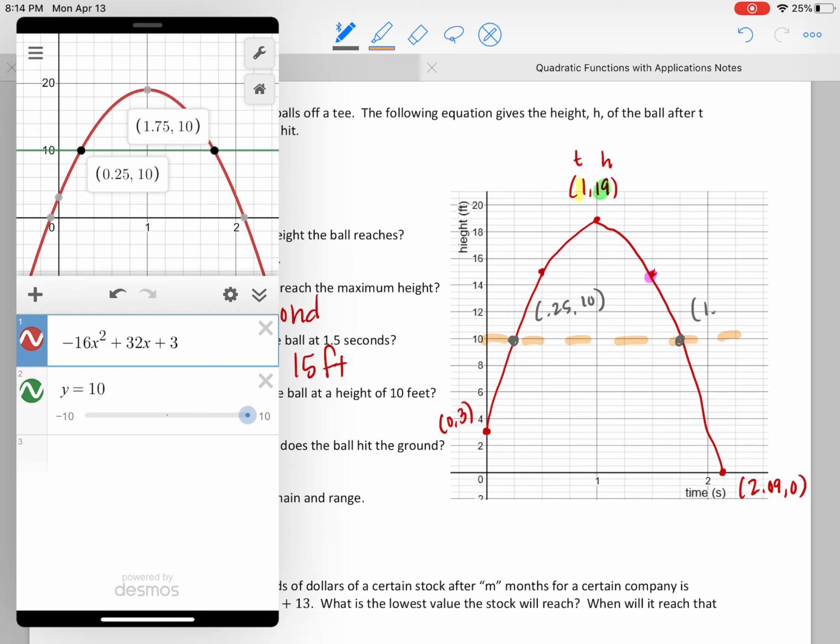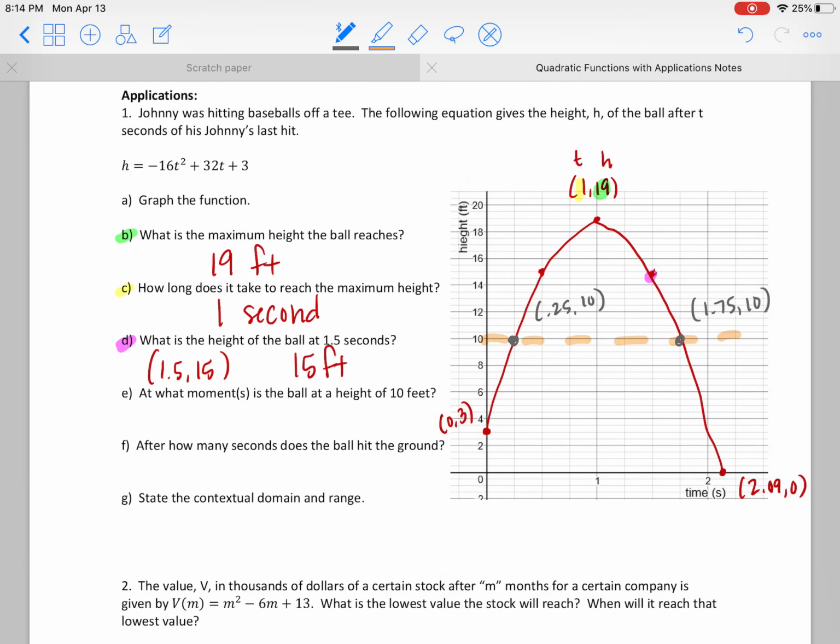And then this point, tap on that one, is at 1.75 and 10. So that tells me that it's going to hit 10 feet at 0.25 seconds and 1.75 seconds.